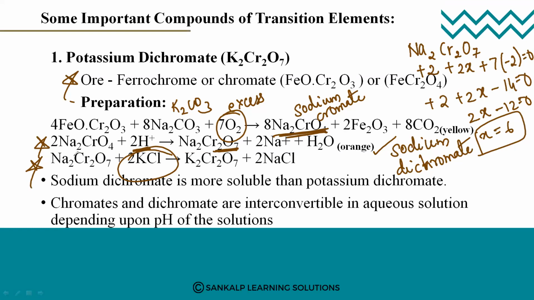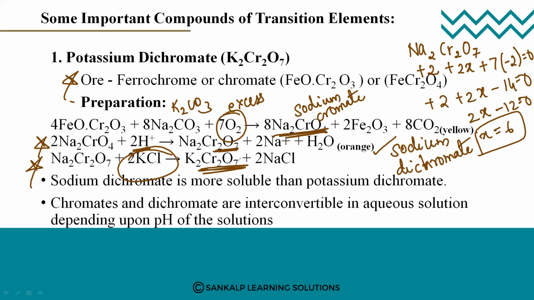Your sodium ions are getting replaced with potassium ions, right? So the sodium dichromate crystals which are obtained are treated with potassium chloride. Thus the potassium ions replace the sodium ions. And thus potassium dichromate is obtained. So this is the preparation of potassium dichromate.